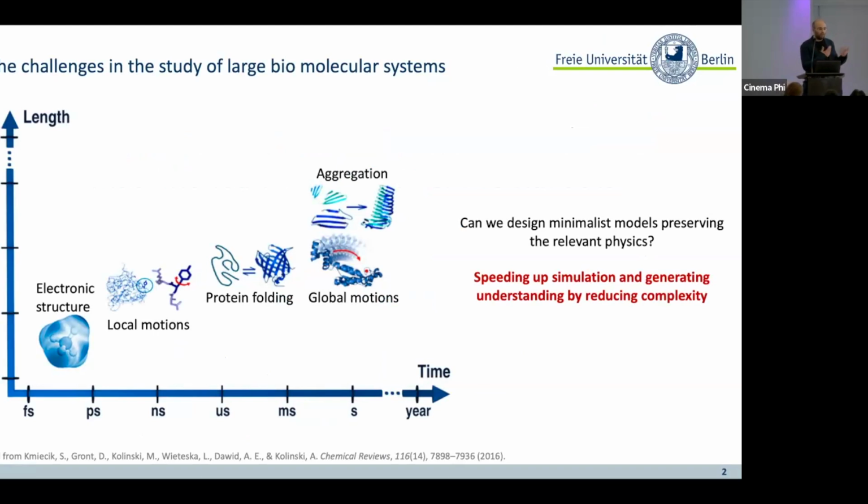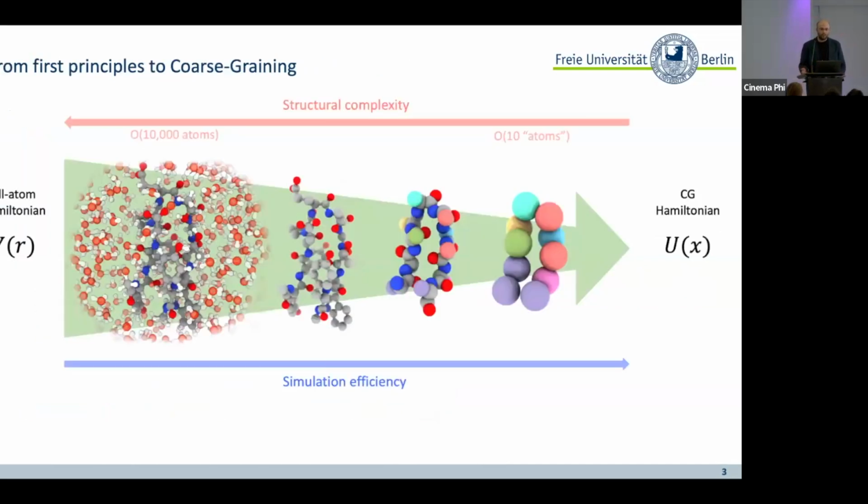In that case, we wouldn't use a very high resolution method. But for studying bigger systems in general with longer time scales, we cannot use those kinds of first principles methods. We need to use some more simplified models also in order to get some physical insight on the system we want to study. And this is the idea of coarse-graining.